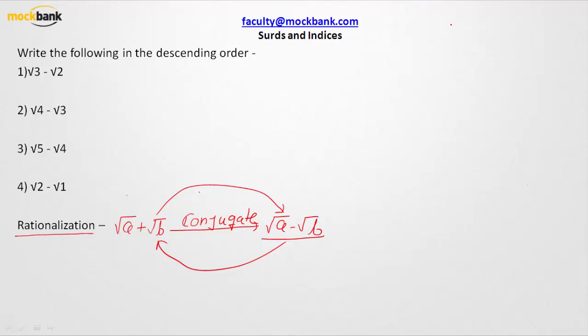So whenever we come across any of these two, we multiply the numerator and denominator by the other one. What I'm trying to say is, let us try to understand that we are given square root of 3 negative square root of 2. Now what do we need to do? We need to multiply the numerator and denominator by its conjugate. Its conjugate is, the values will remain same, the sign will just reverse. It is negative, so it becomes a positive value.